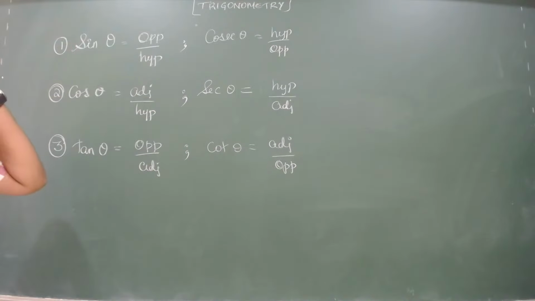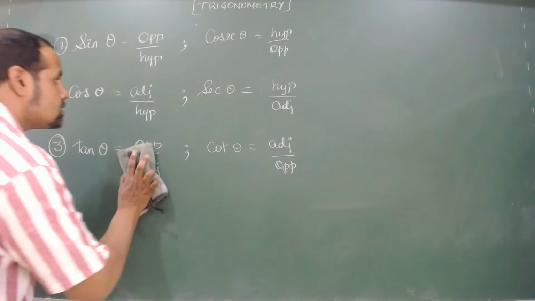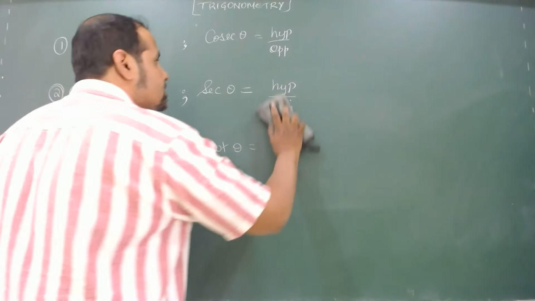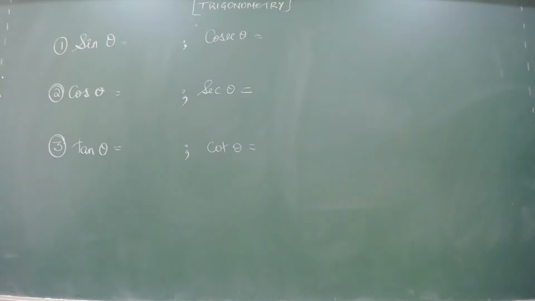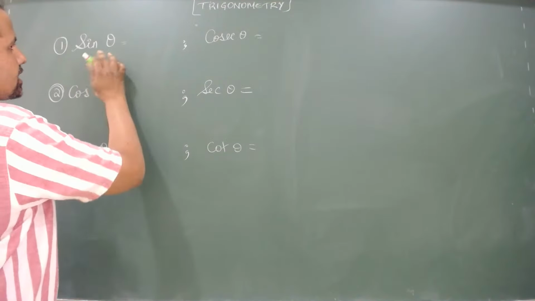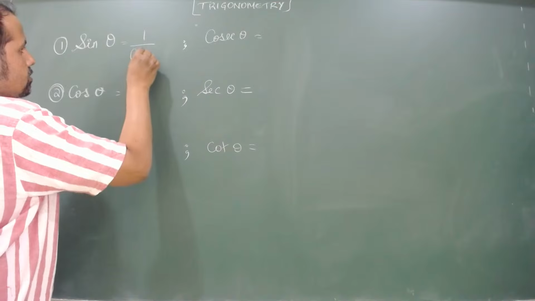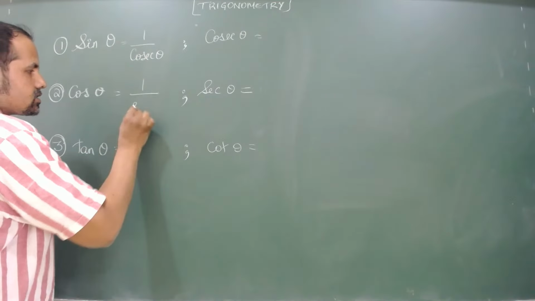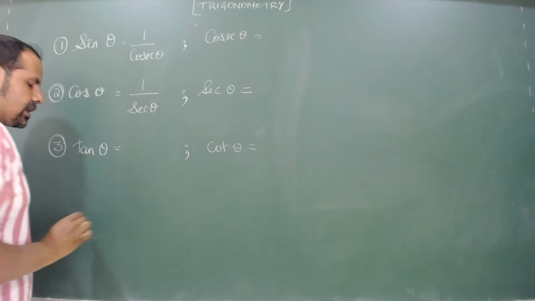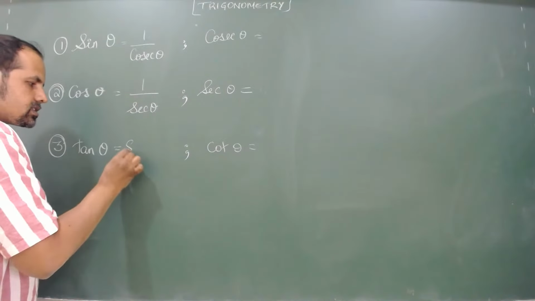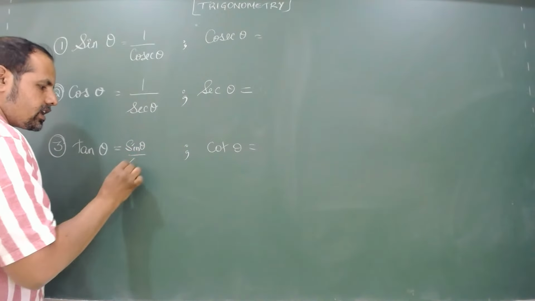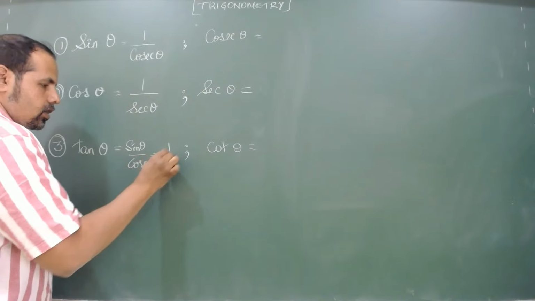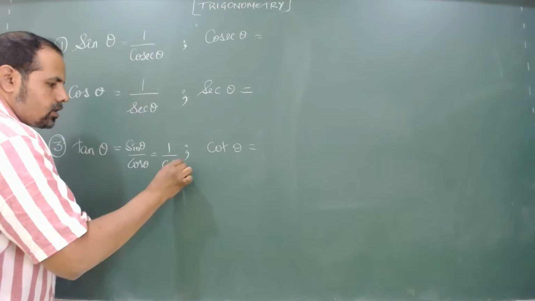Now, these are your basics which you are very well versed in. In the same way, I can write the reciprocals of each other. Sin theta can be written as 1 by cosec theta. Cos theta can be written as 1 by sec theta. Tan theta can be written as sin theta by cos theta or 1 by cot theta.